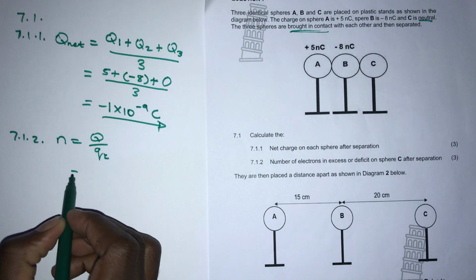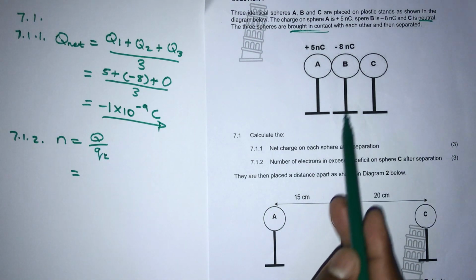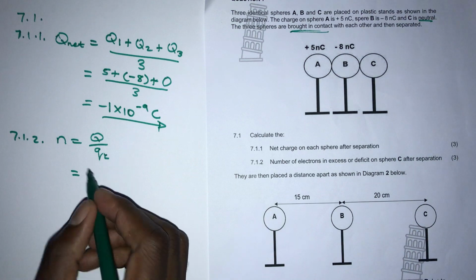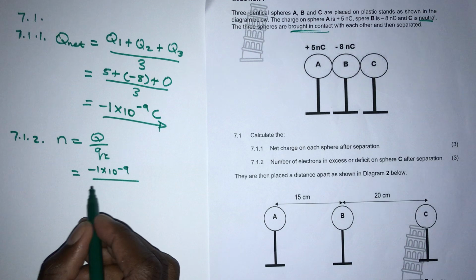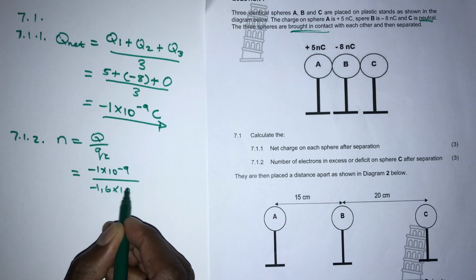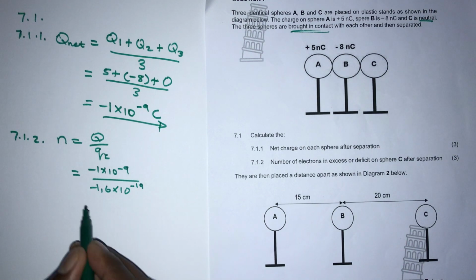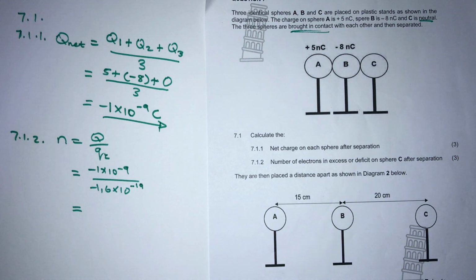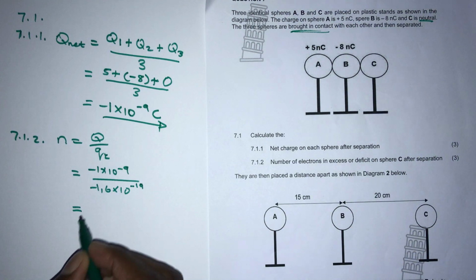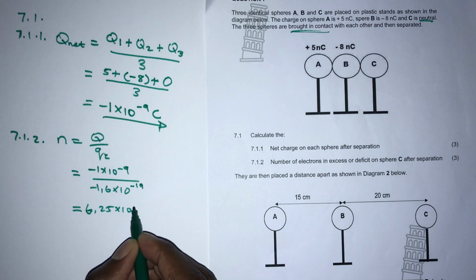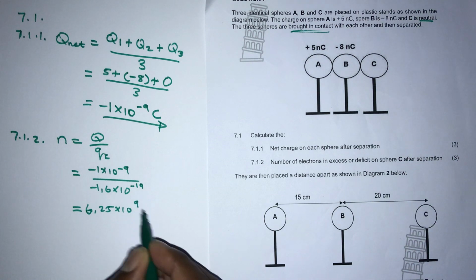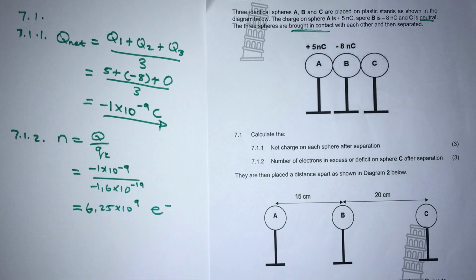The charge on sphere C, we said it's negative 1 times 10 to the power negative 9, over negative 1.6 times 10 to the power negative 19. This gives us the answer of 6.25 times 10 to the power 9 electrons. You can write electrons in words, no problem.